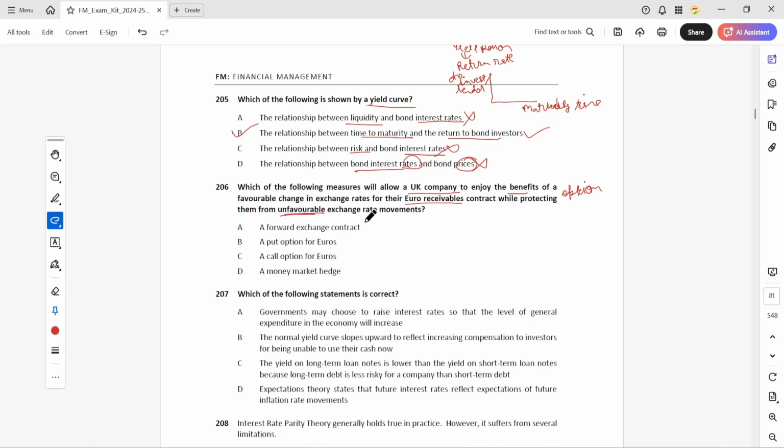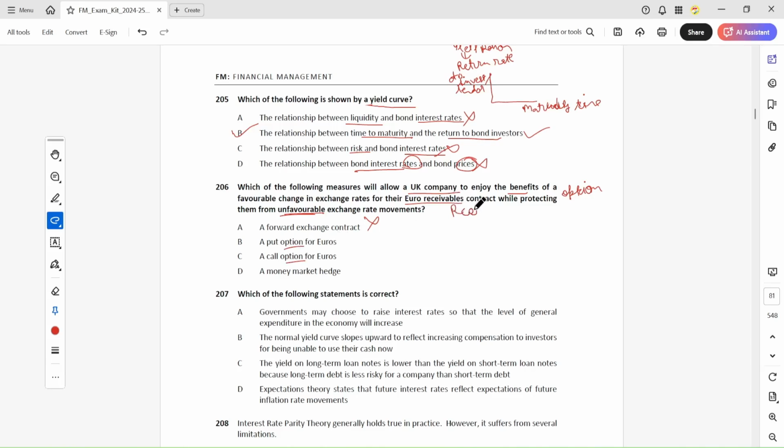A forward exchange contract, no. You have to execute the contract at the set price, so you cannot take advantage in both cases. So this is not right. Have the option, right? Option, yes, but which one?